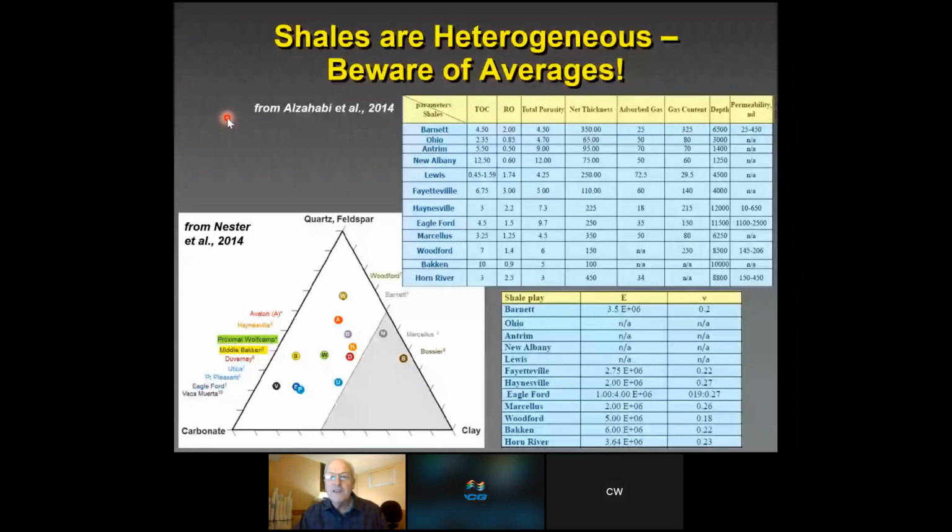So this averages a lot of reservoir properties like TOC, maturity, porosity, etc., as well as mechanical properties, Poisson's ratio and Young's modulus for these shale plays. Or this compositional ternary diagram, again, averaging the composition for different shale plays. These kinds of data have their place, these kinds of diagrams have their place, but they don't tell the whole story.